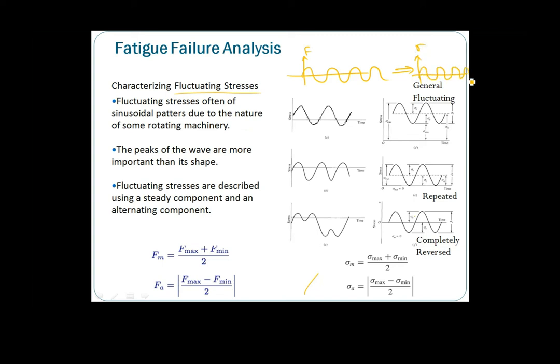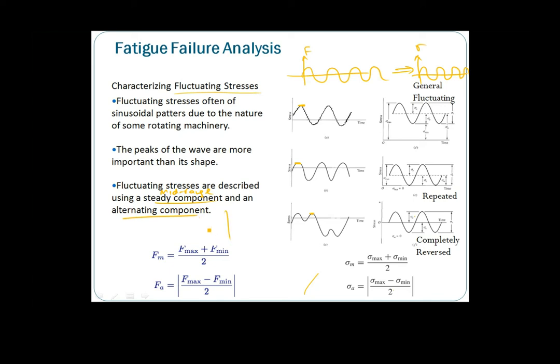Usually we want to know the peaks. It could be a lot of different shapes, but the peak itself is more important. So we can categorize it in terms of mid-range as well as alternating. The steady component or mid-range component is where it starts, and the alternating component is where the peaks are.